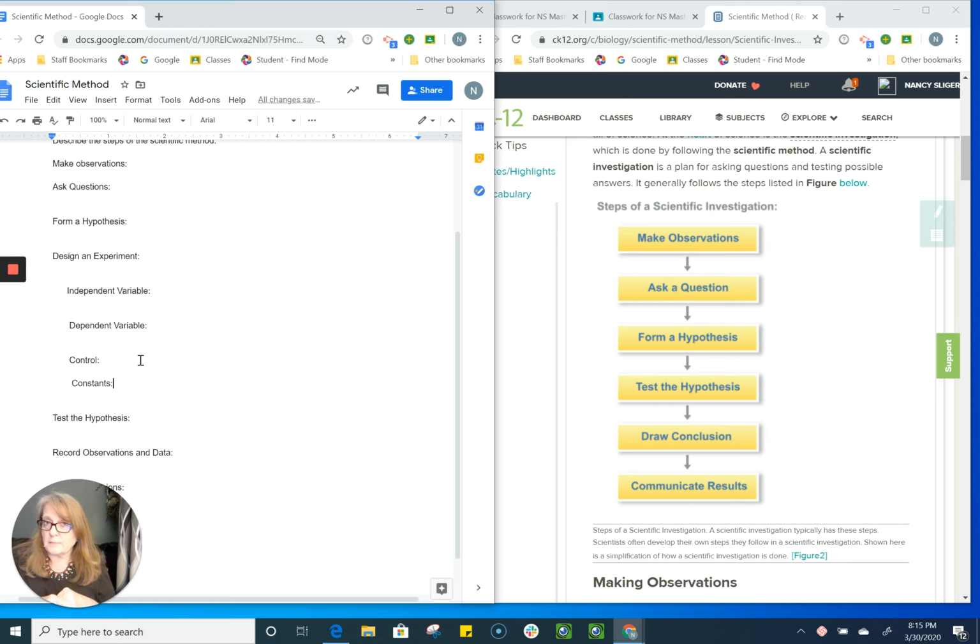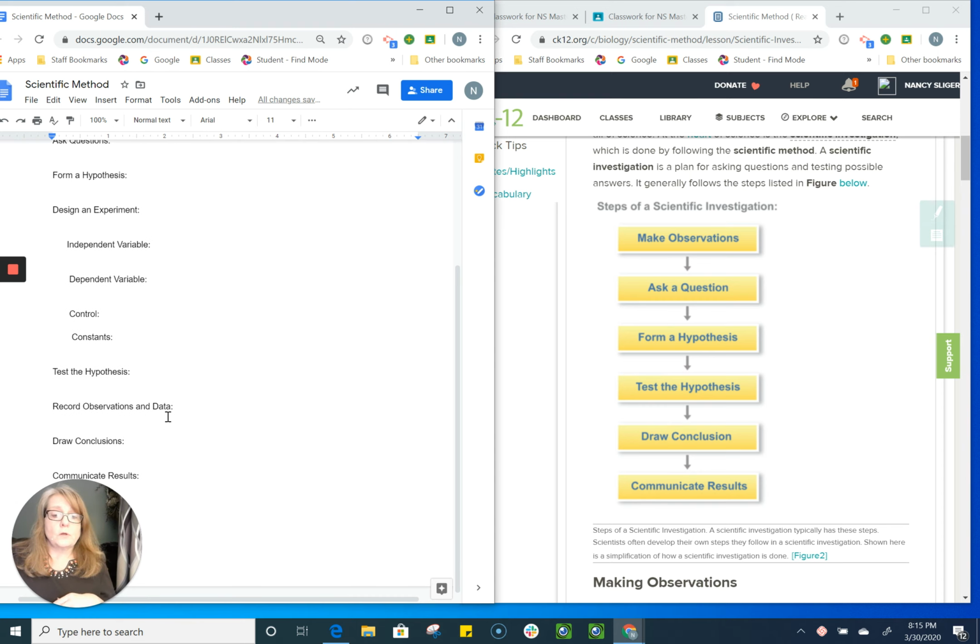They're all receiving the same amount of light. Those are all constants because then when you eliminate all of the other things that could affect the experiment, it comes down to, do the seeds need water or not to germinate? So those are constants.